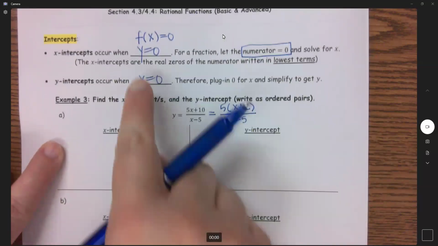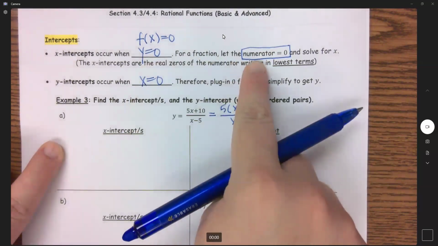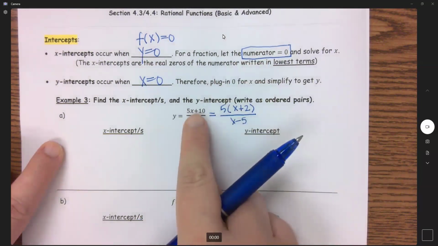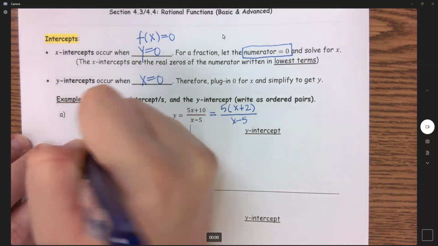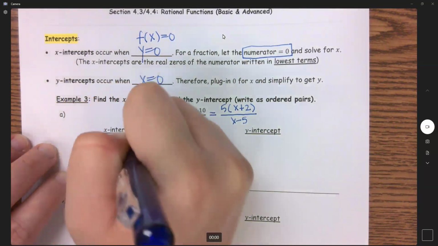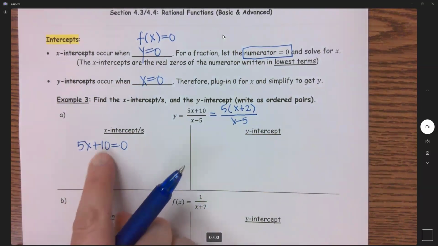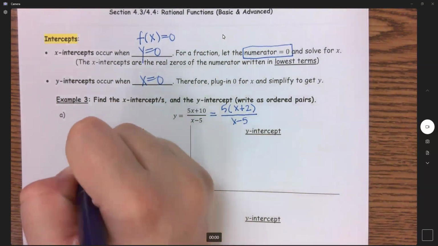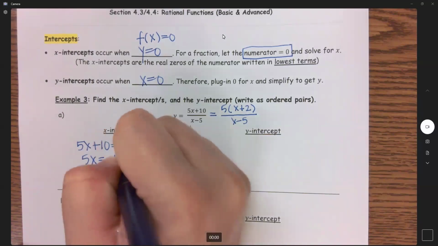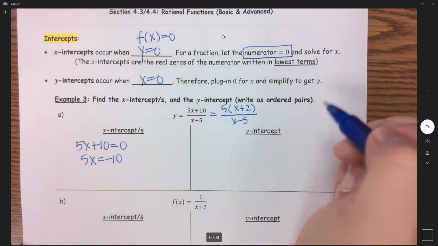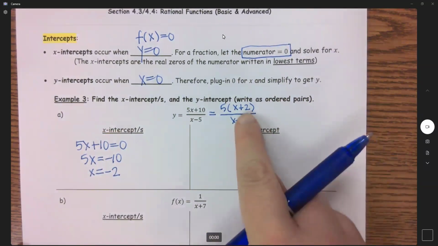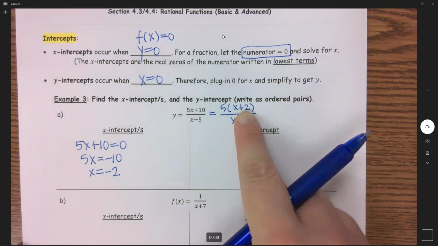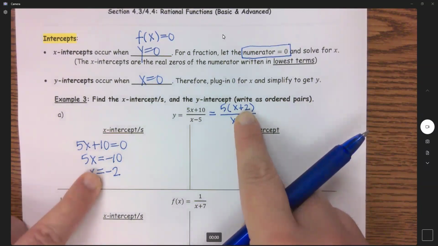So now I'm going to take my numerator and set it equal to 0 to find my x-intercept. I'm going to take my numerator of this top one right here. I'm going to subtract my 10 over, and then divide by 5 to get x equals -2, which is what we would have gotten right here if we would have done x plus 2 equals 0, we would have got -2.